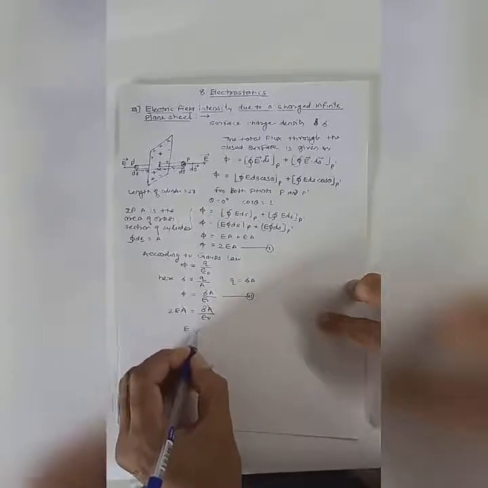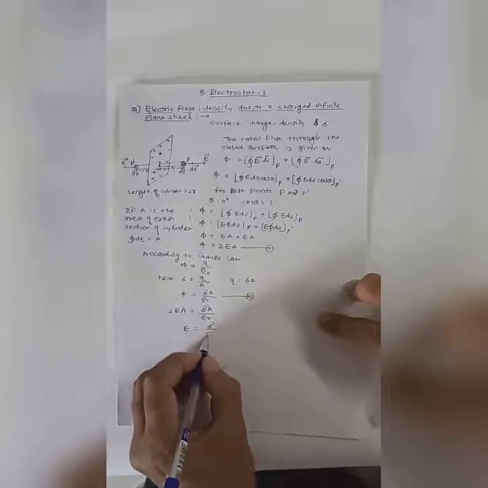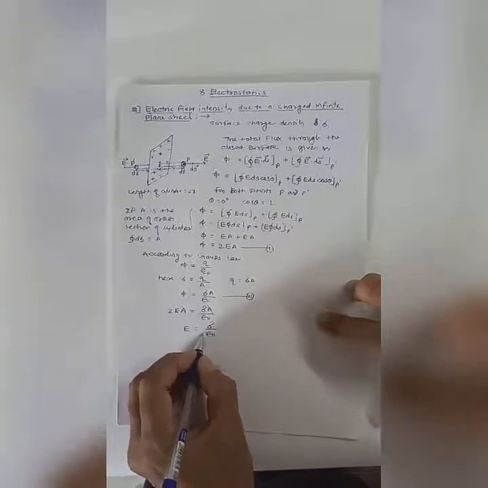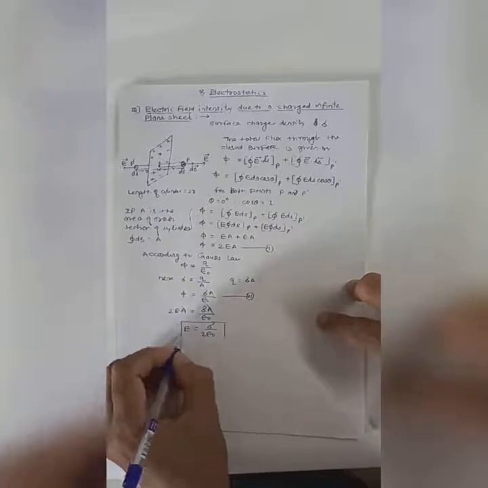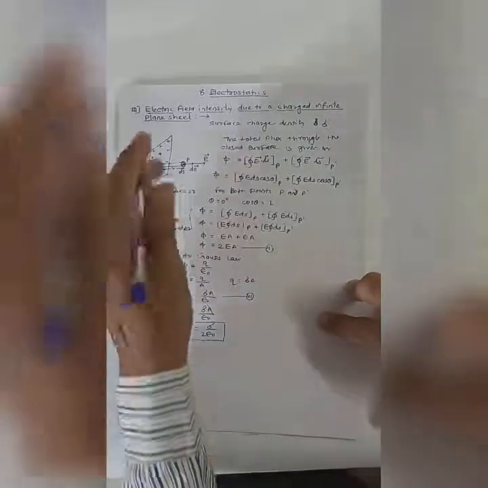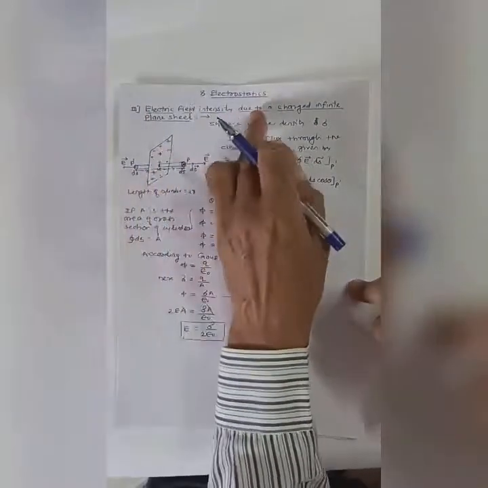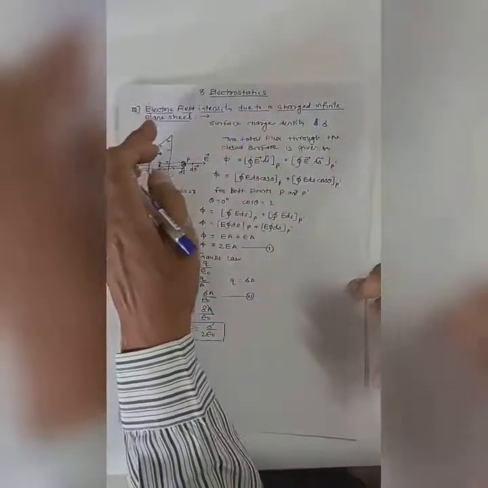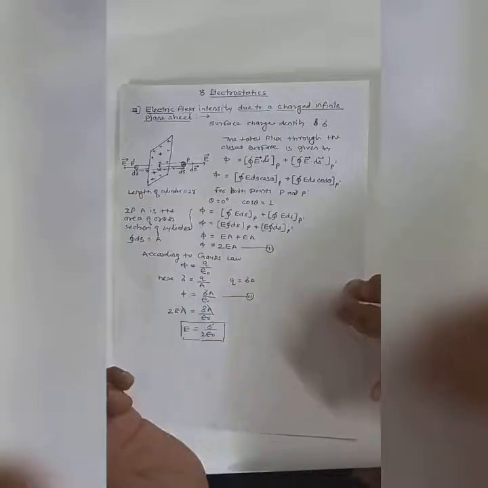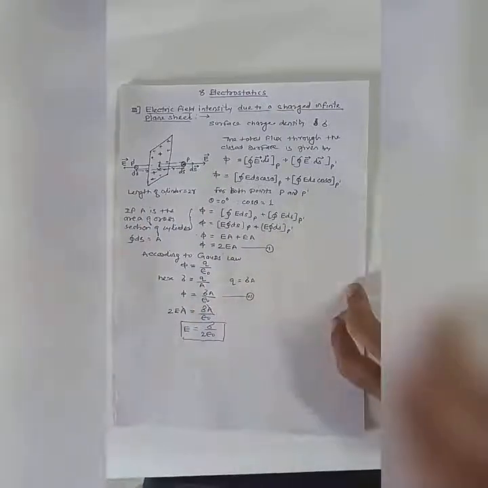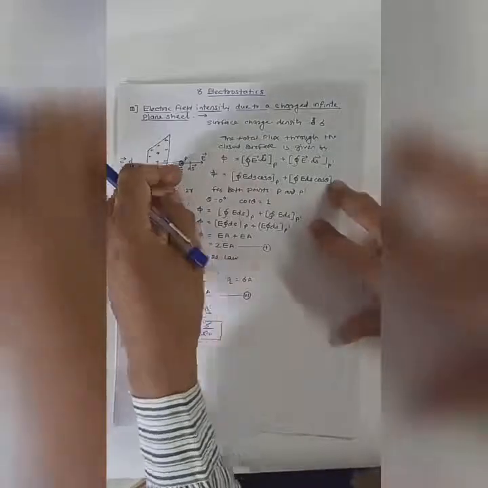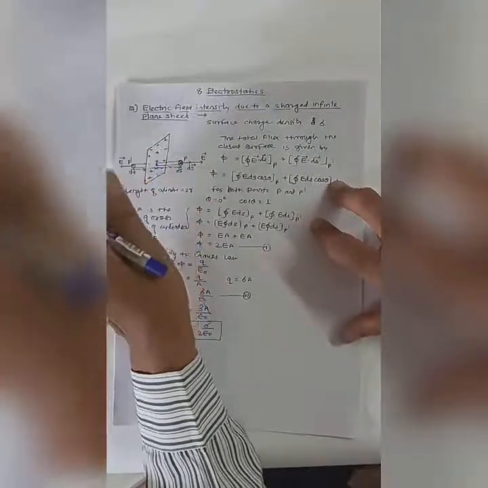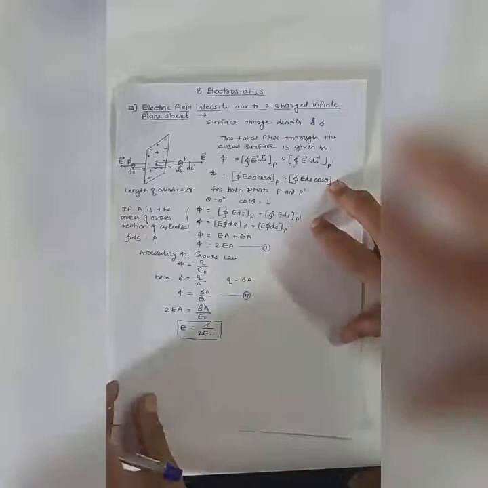E is equal to sigma upon twice epsilon 0. So this equation determines the electric field intensity due to a charged infinite plane sheet. This is all about the applications of Gauss law.